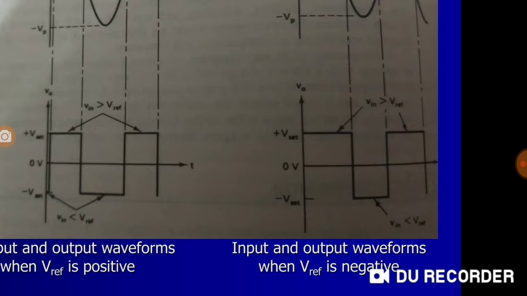So this is how, depending upon the reference voltage, the output waveform will alter. Here we have the positive conduction part and the negative part, which is a little bit larger compared to the positive conduction. The plus Vsat portion is less than the minus Vsat portion. But in the other case, the plus Vsat portion is greater than the minus Vsat portion.